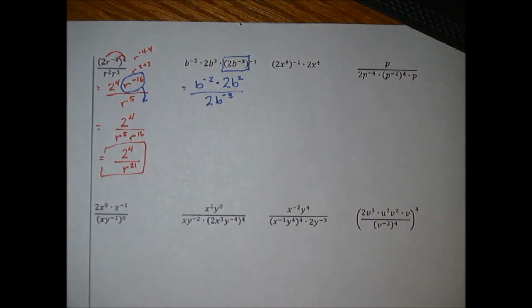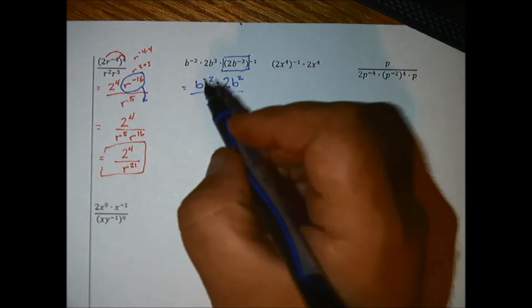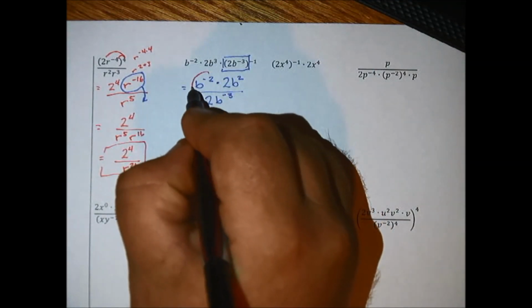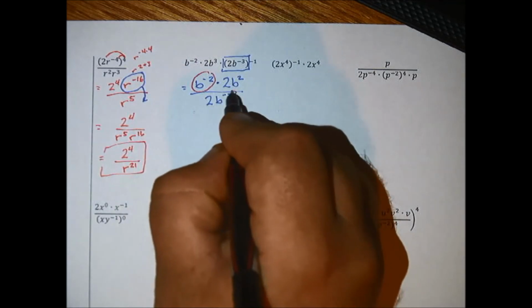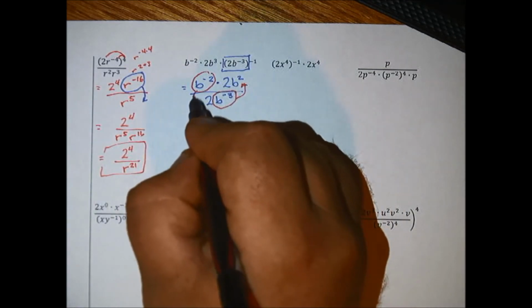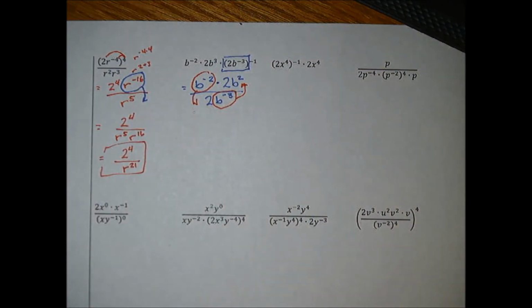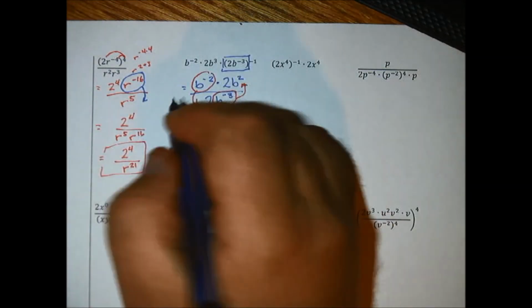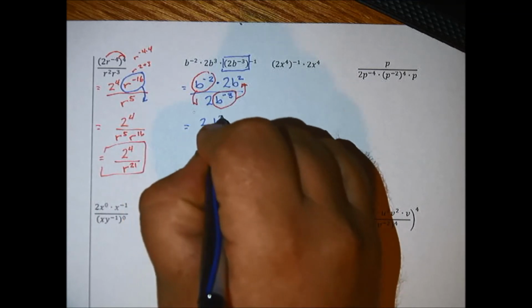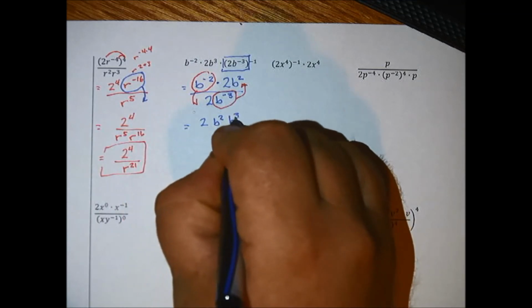Now I have this b to the negative 2 and a b to the negative 3. I'm going to switch positions with those two because that's what negative exponents do. So on the top I'll have 2, b squared, and b to the third.